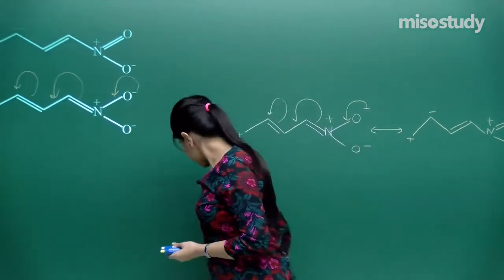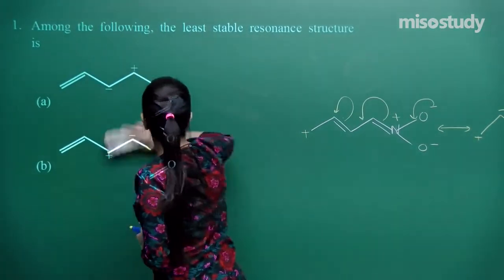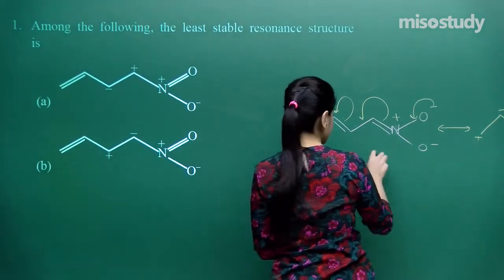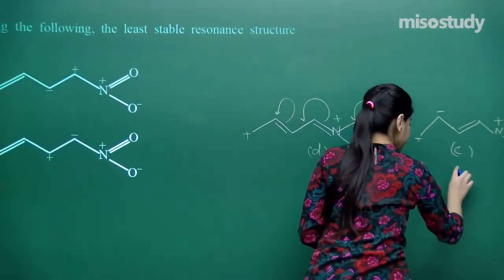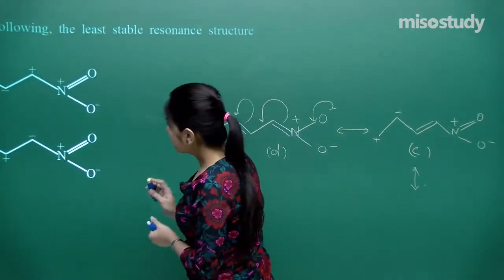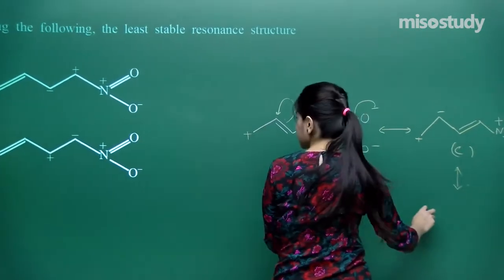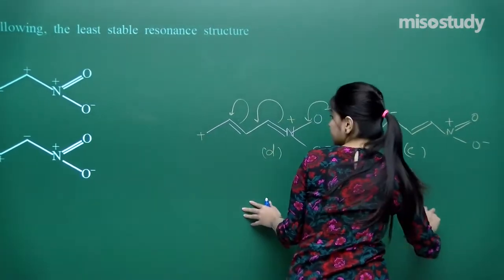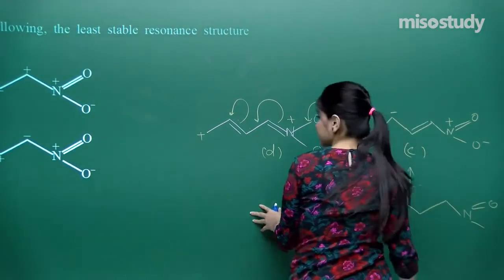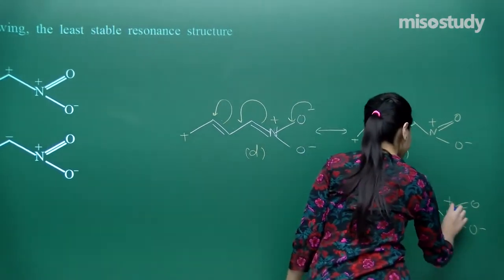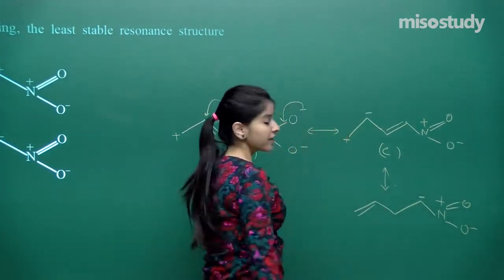Now if I move on to B, this was number D. This was C. If I try to get B as my option, how can I get B as my option? Let us just first draw the B. It is something like this, and yes, that is what we need to have.